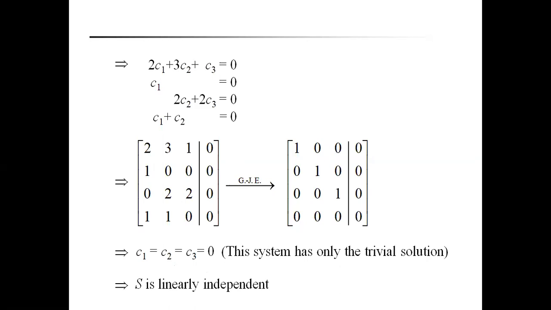See here the system of equations: C1 equal to 0, C2 equal to 0, C3 equal to 0. This system has only the trivial solution, that means all constants are 0. Then we say that the set of vectors forms a linearly independent set. So it is very important to reduce to echelon form using elementary row operations.